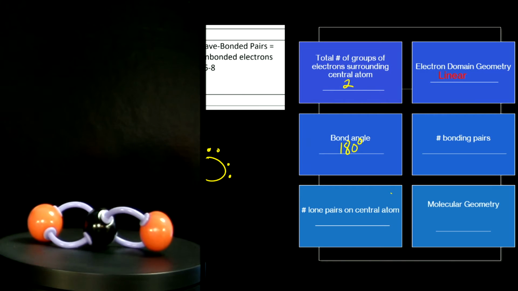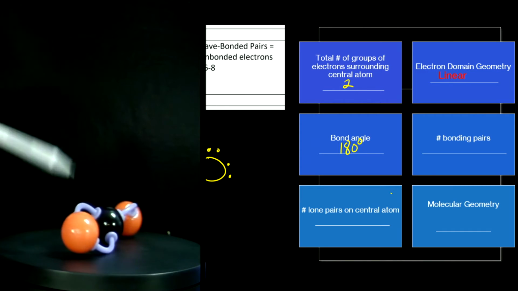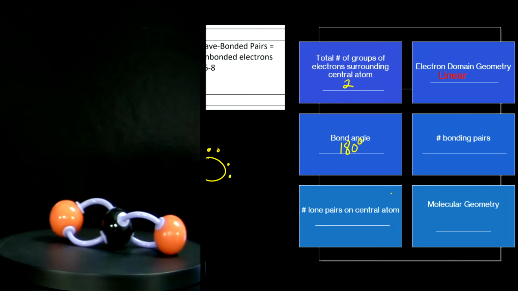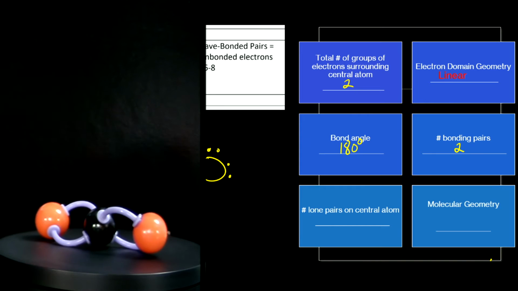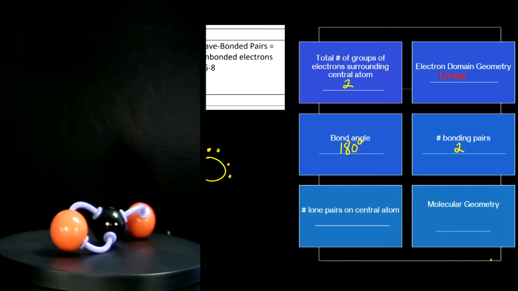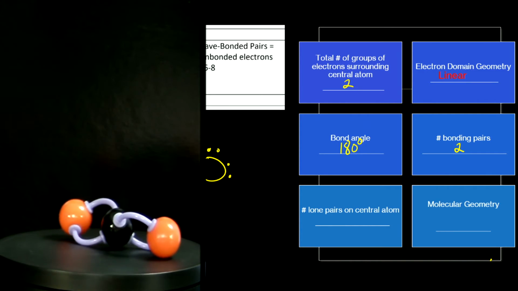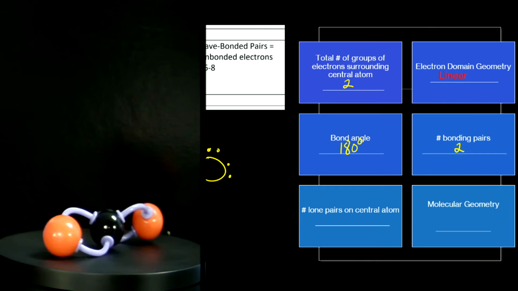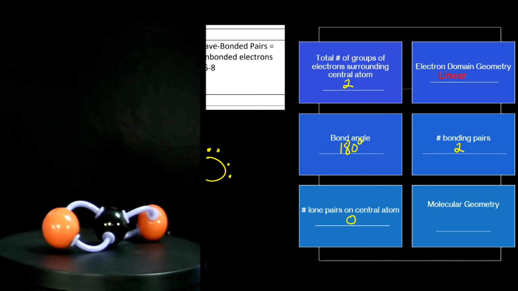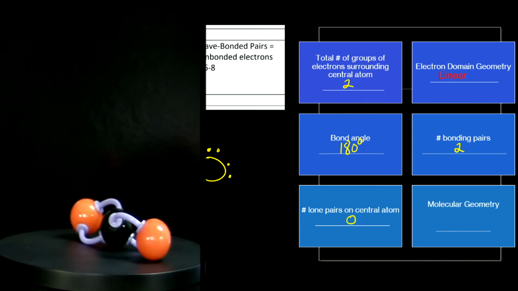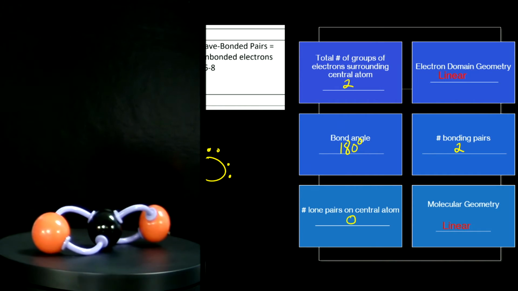The number of bonding pairs are representative of either side of our carbon, so we see that there are 2. Even though they are double bonds, each double bond is a representative of 1 electron domain. On our central atom of carbon, we have 0 lone pairs. So when we have 0 lone pairs on our central atom, our molecular geometry is going to be the same.